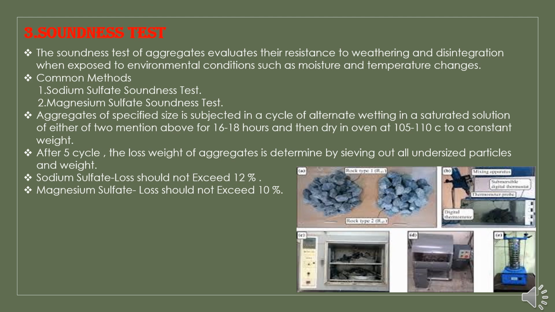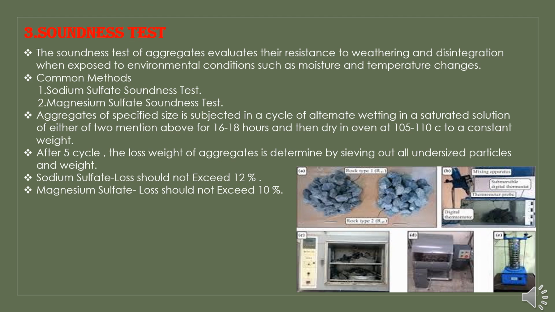The aggregate of specific size is subjected to a cycle of alternate wetting in a saturated solution of either of two solutions, that is sodium sulfate solution or magnesium sulfate solution, for about 16 to 18 hours, and then dried in an oven at 105 to 110 degrees centigrade to a constant weight.